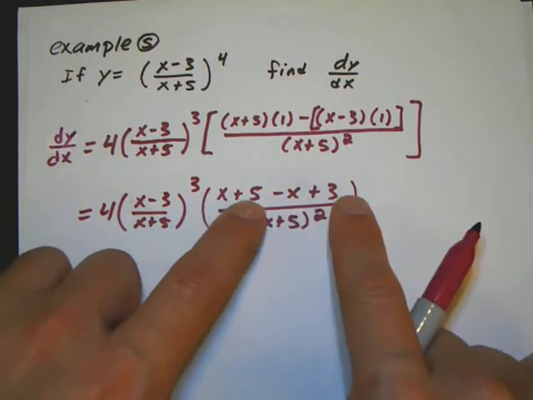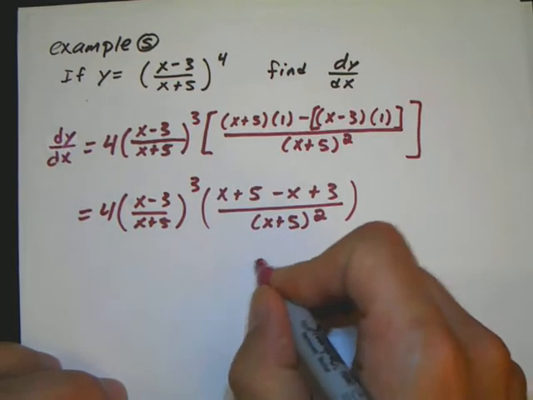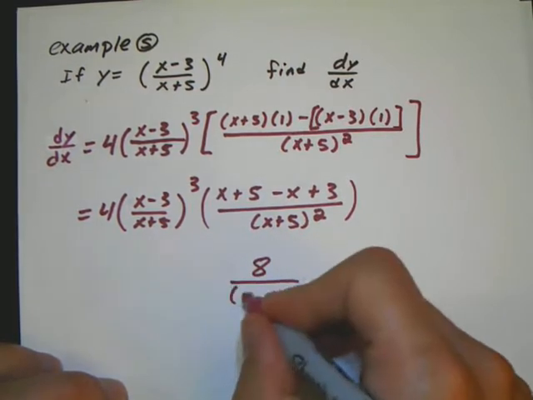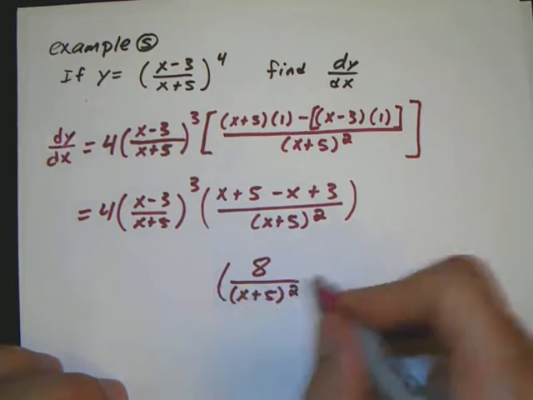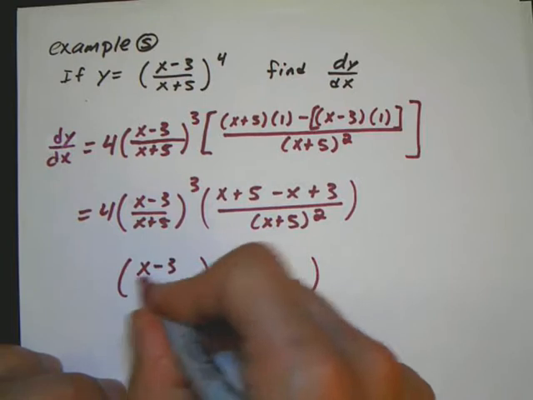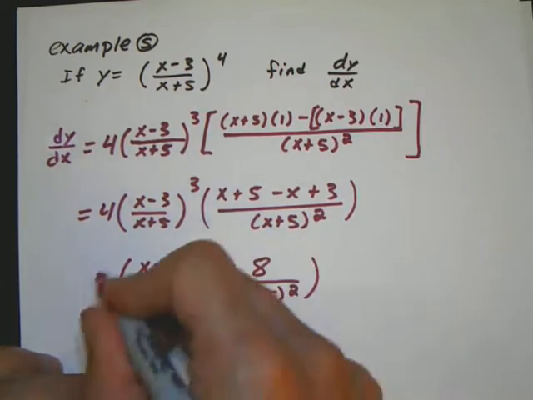I have a 5 and a 3, so that's going to give me 8. 8 for the numerator, x plus 5 squared in the denominator. It's going to be x minus 3 over x plus 5 quantity cubed, multiply that by 4.